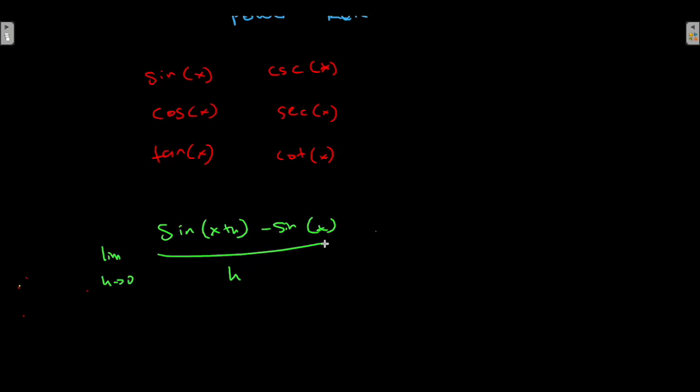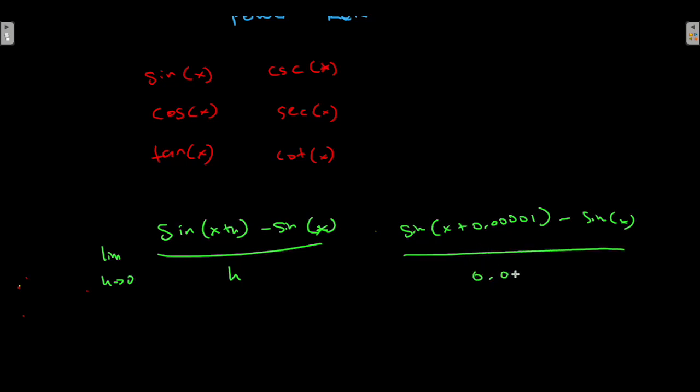But it's going to be kind of hard to plug in 0 for h because we cannot simplify the top. So we'll just plug in a value really close to 0. We have sine of (x plus 0.00001) minus sine x over 0.00001.